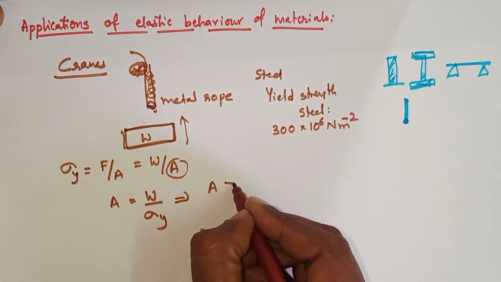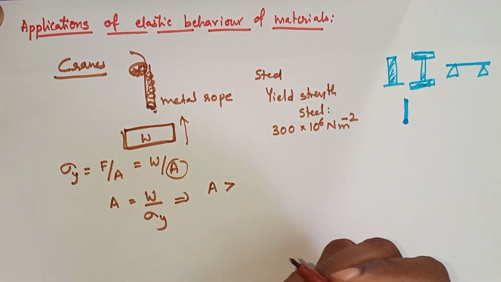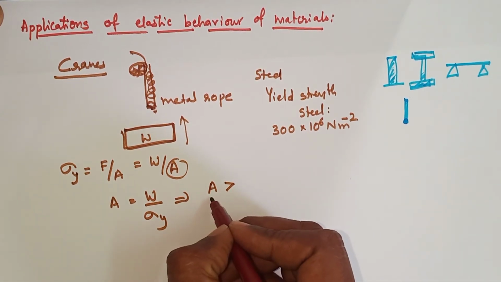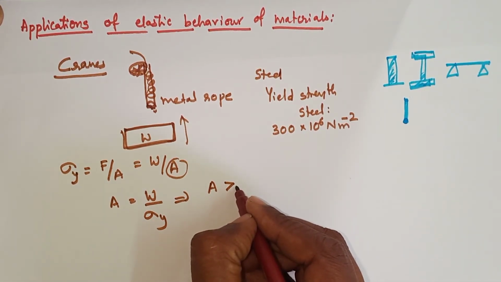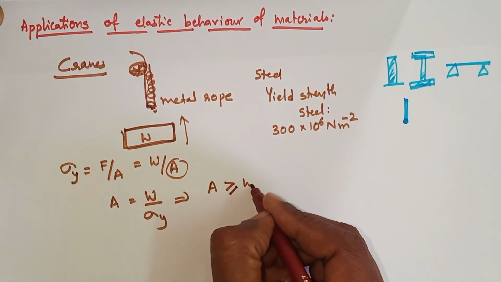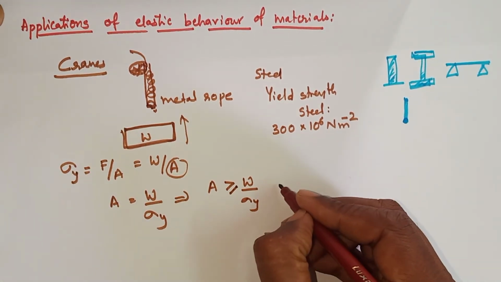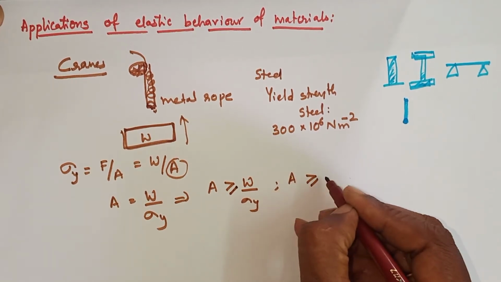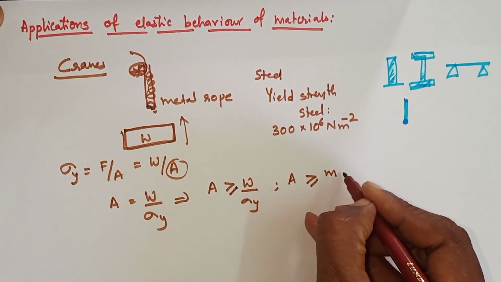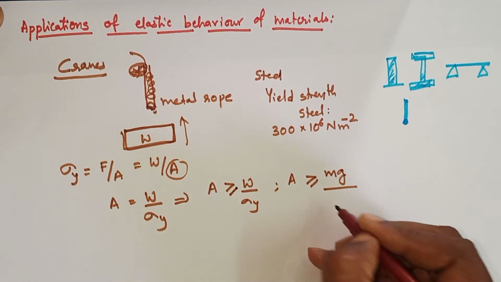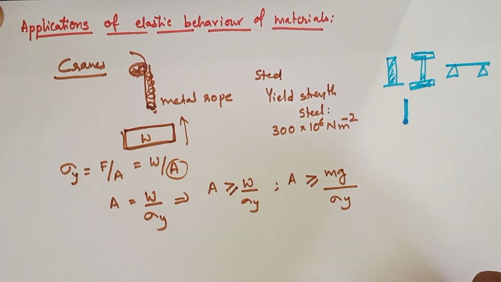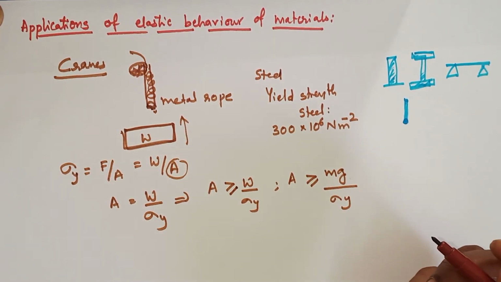To lift it, the area of cross section of the wire must be at least equal to W by sigma y. So A must be greater than or equal to W, meaning mg, divided by sigma y, right?